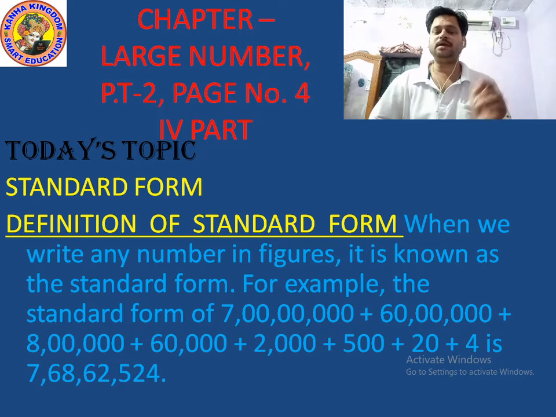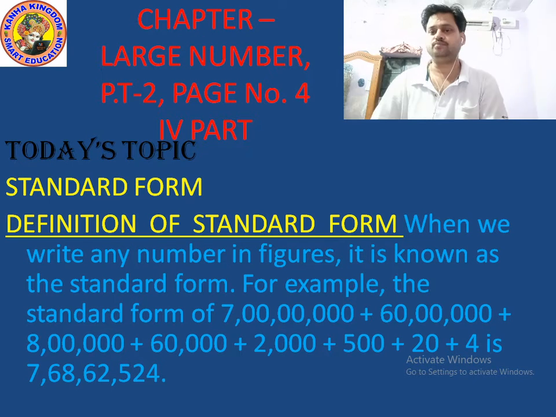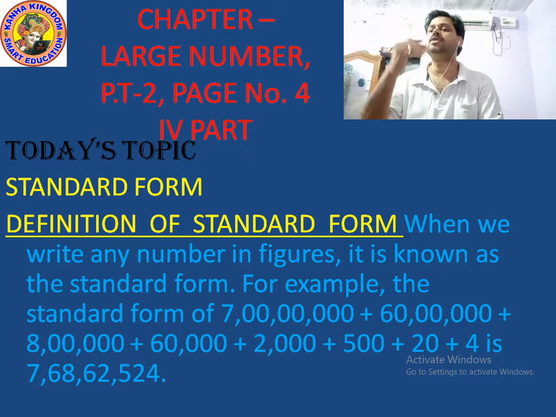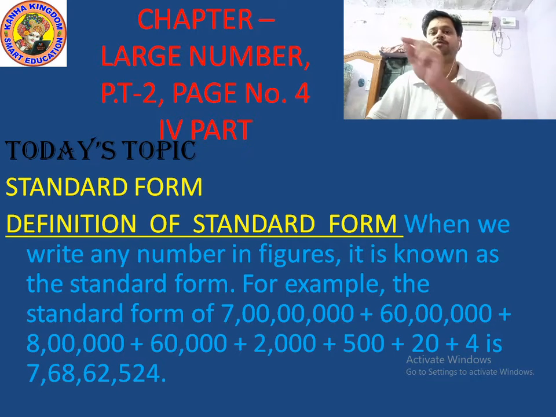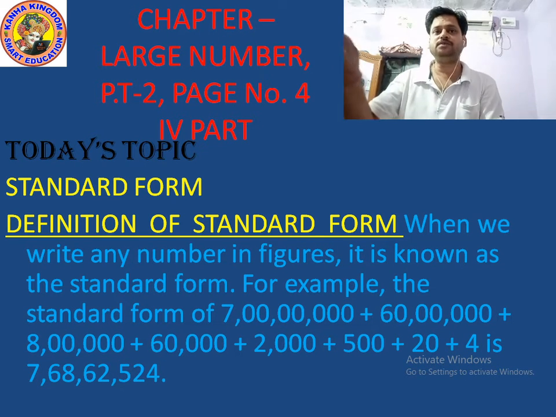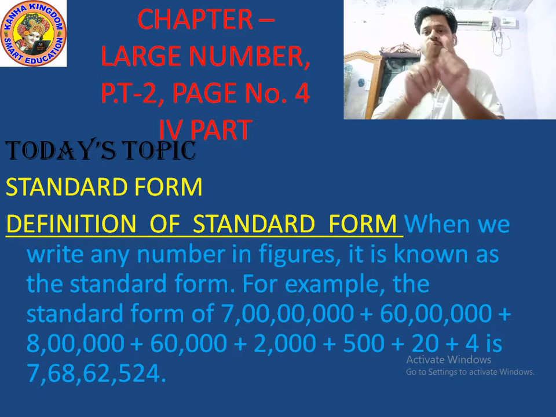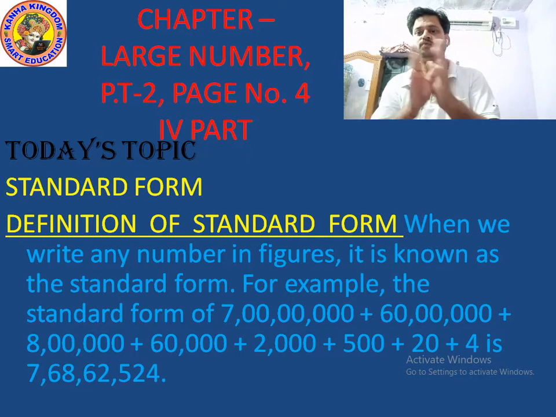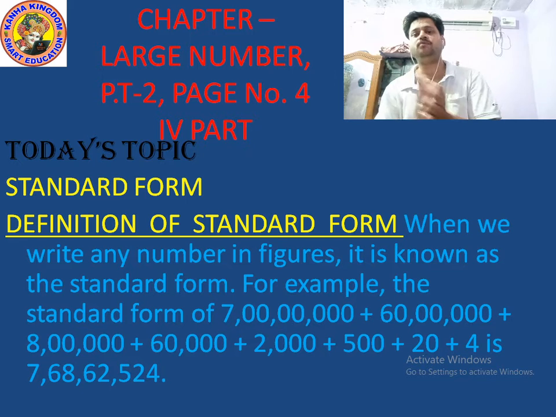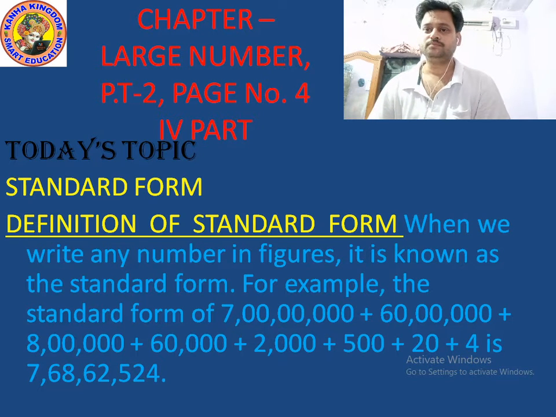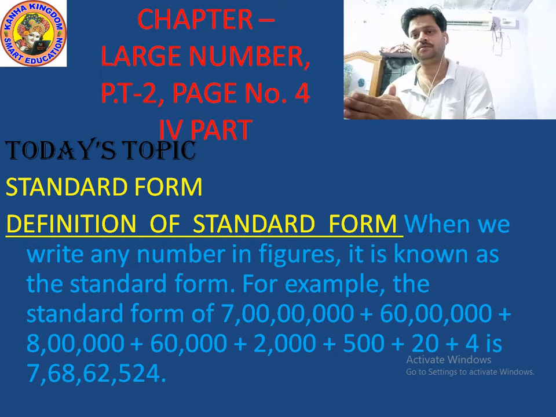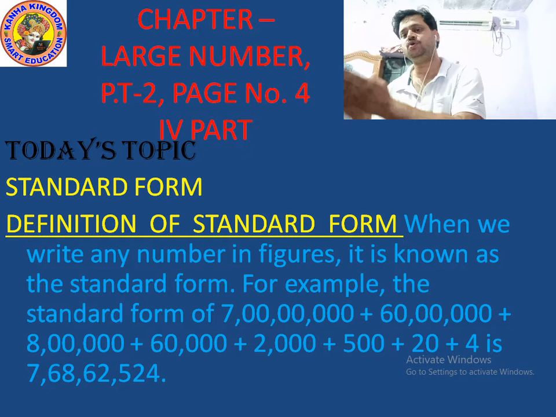So 7 comma 68 comma 62 comma. Now the thousands period is also over. Now which period starts? Ones period. It starts with 500 plus 20 plus 4.